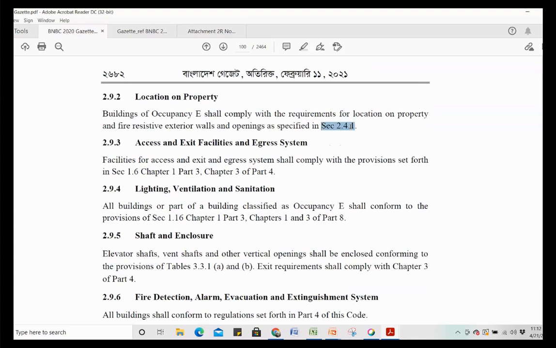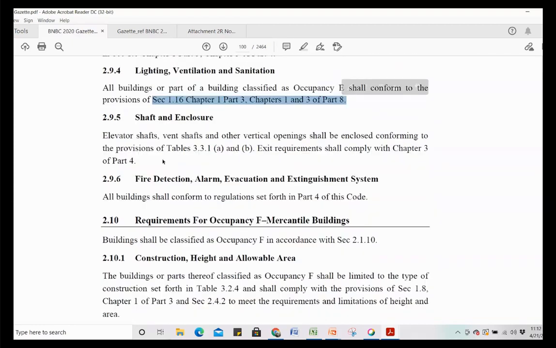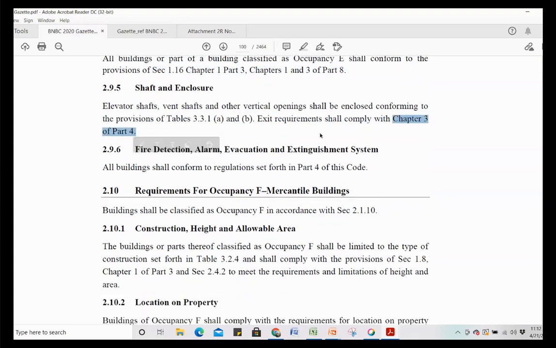Location of property, section 2.4.1, access exit facilities, similar referencing, lighting, ventilation, similar references, shaft and enclosures, similar references, fire detection, evacuation and extinguishing system, refer to part 4.